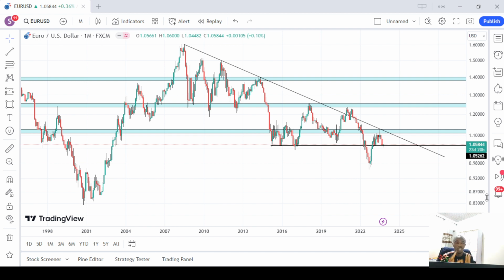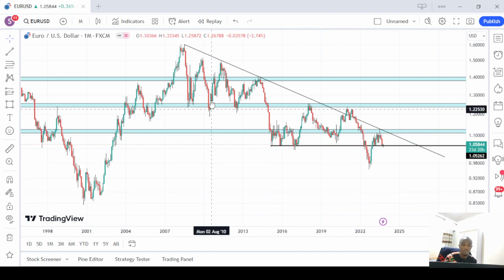Just one or two trend lines on the monthly or weekly time frame. You can get other minor trend lines on the daily and 4 hourly time frames. We will do that some other time, but for now we are focusing on this.